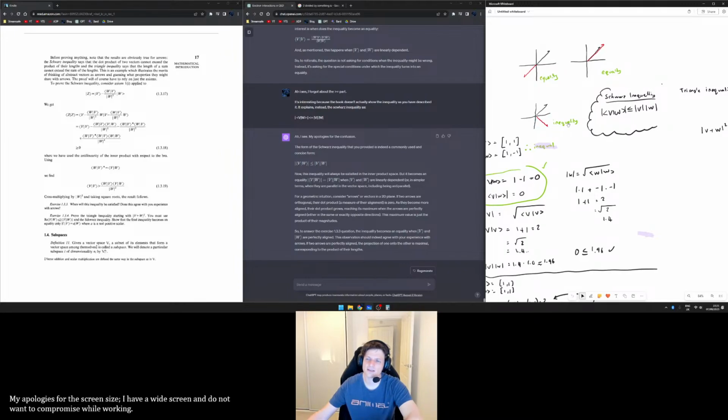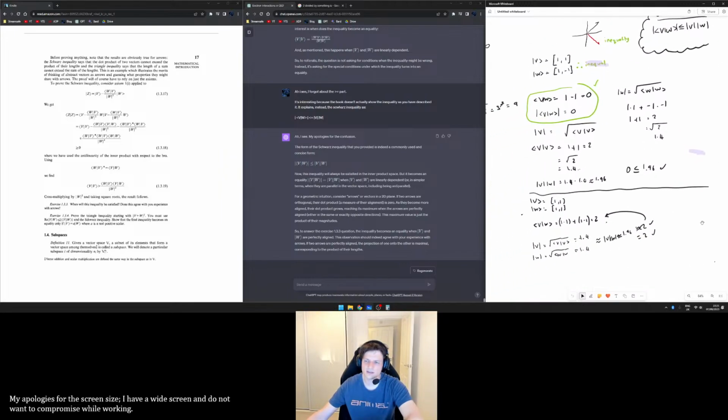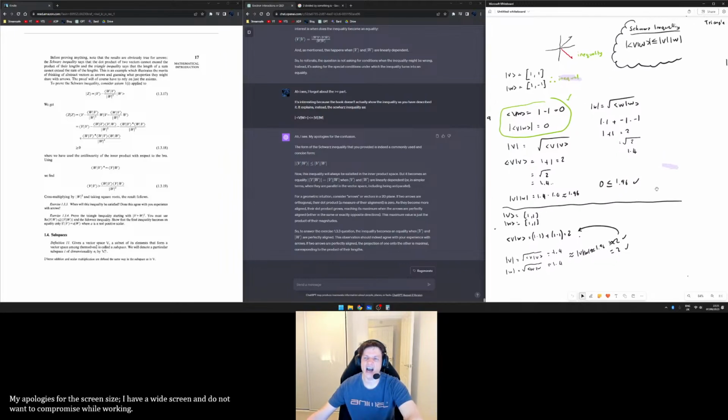And this makes sense. It's saying, because we just did, the inequality would be equal to this, 0 is less than or equal to 2.